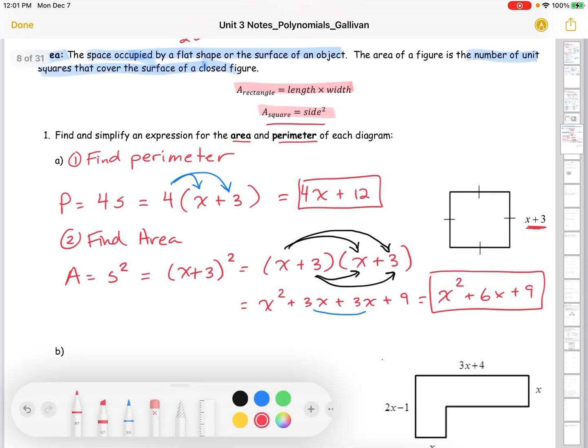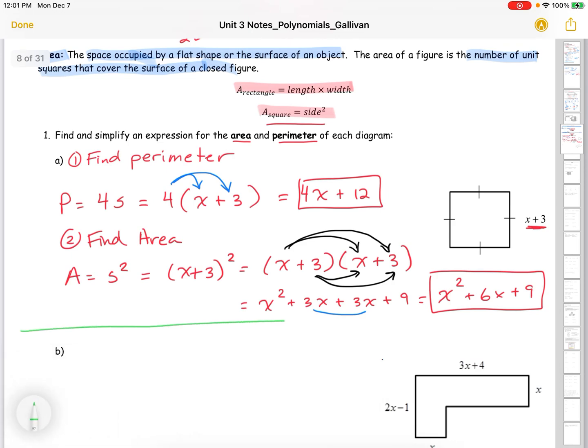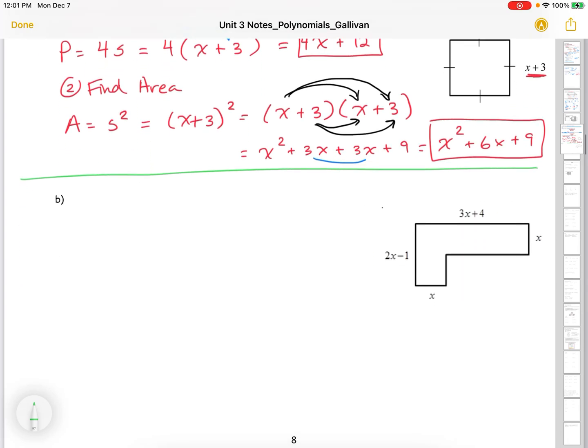So we've just used some of the skills that we learned to find the perimeter and the area of that square. Now, here we have something a little more complicated. So we would want to break it into 2 pieces. Okay, so I have 2 pieces here.